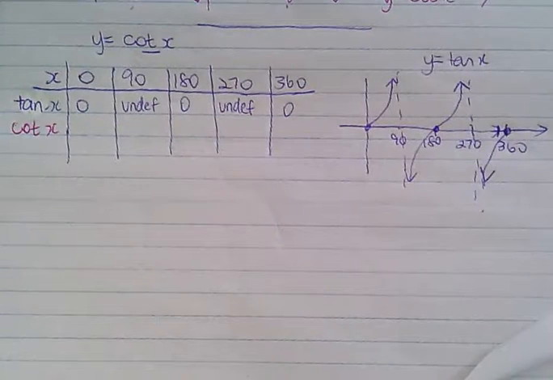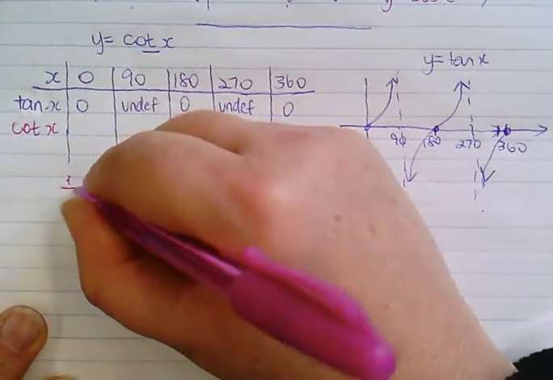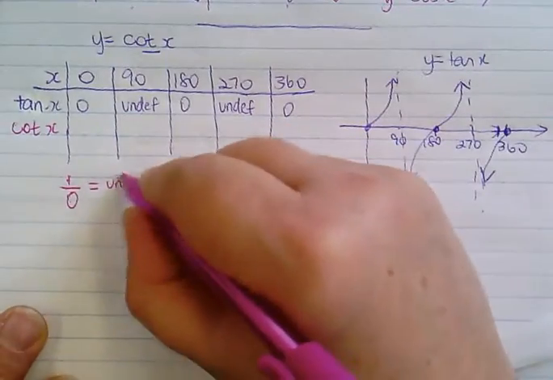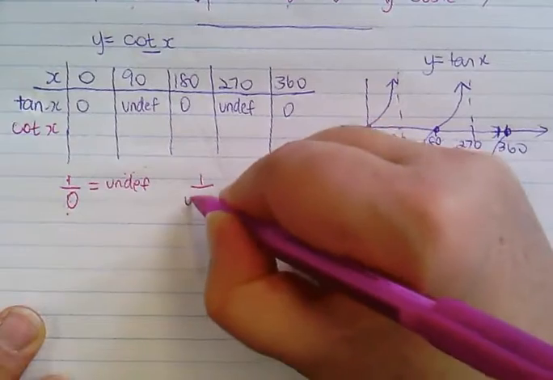So if 1 divided by 0 is undefined, 1 divided by undefined is 0. If 1 divided by 0 equals undefined, pretend you're balancing an equation, swap. 1 divided by undefined is 0.